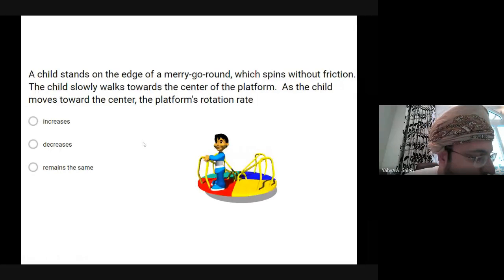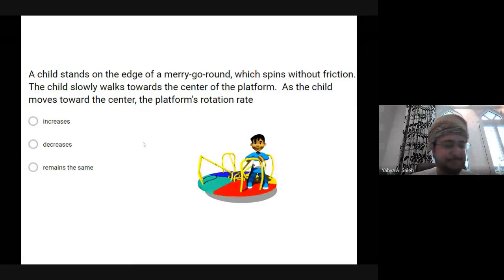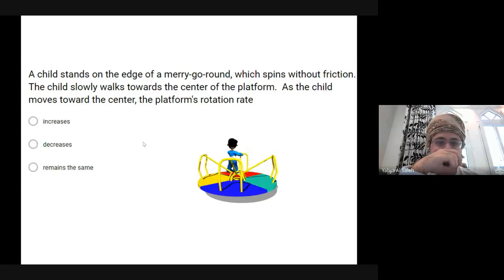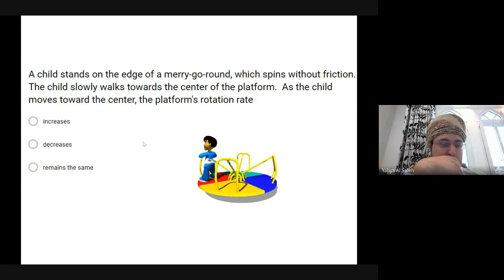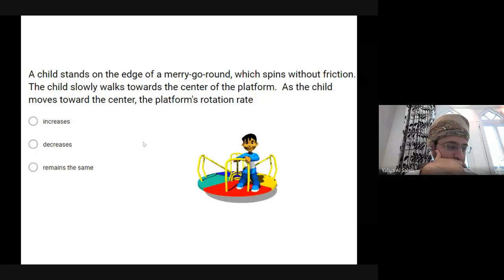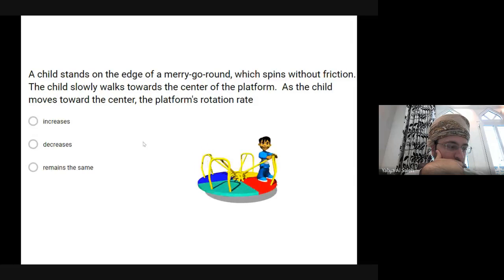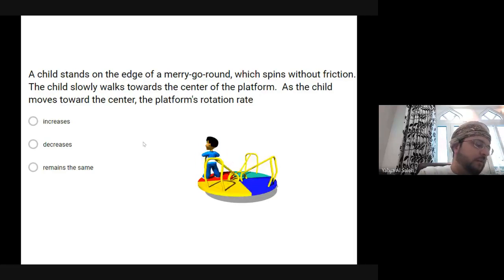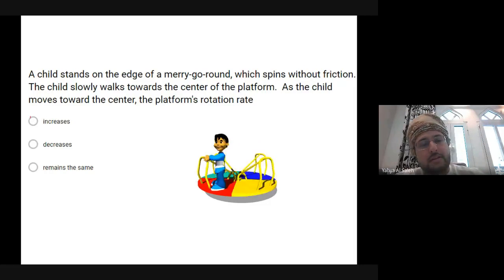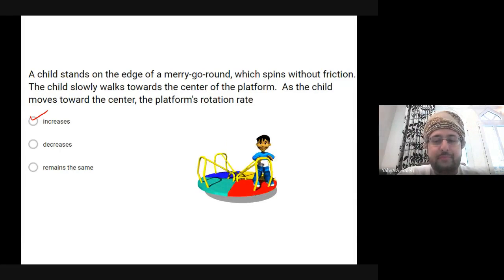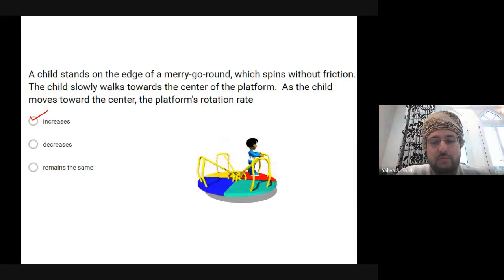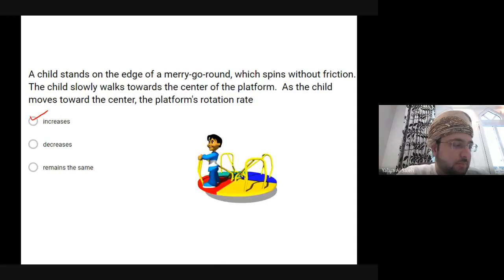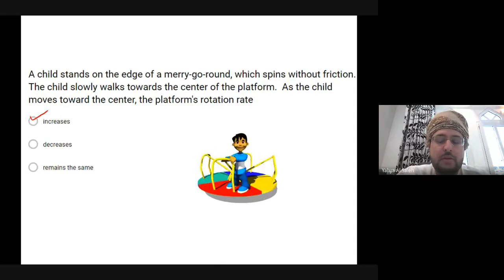Okay, we have one decrease. Okay, we have a couple of decreases and a couple of increases. The correct answer is it increases. There are no external torques. The child is already part of the system, so it's all internal.